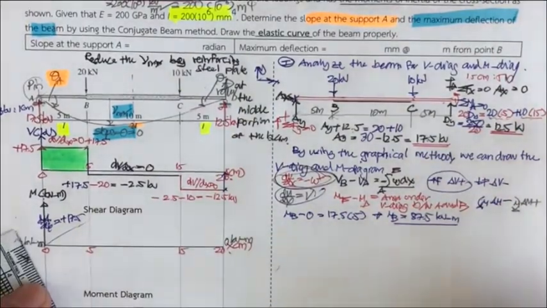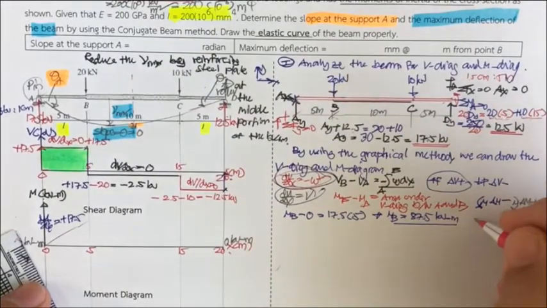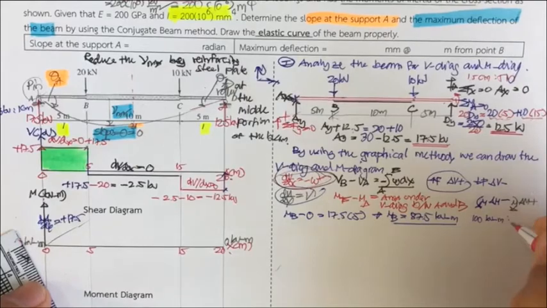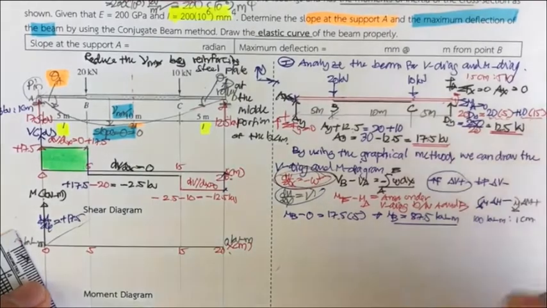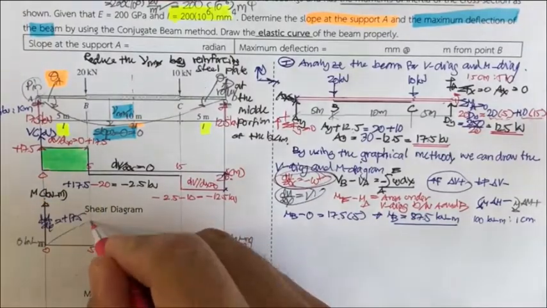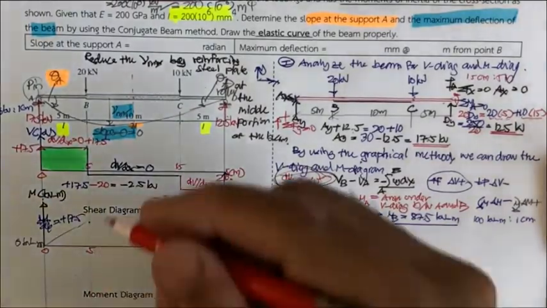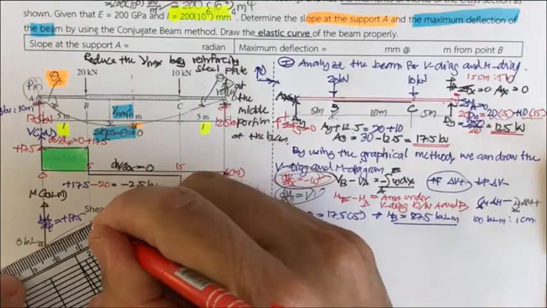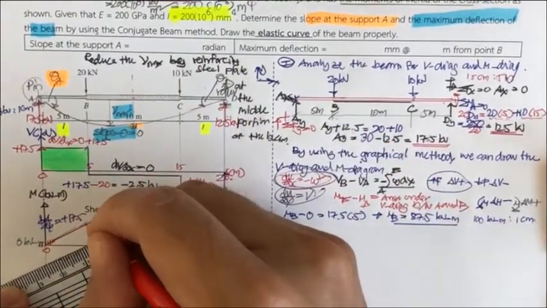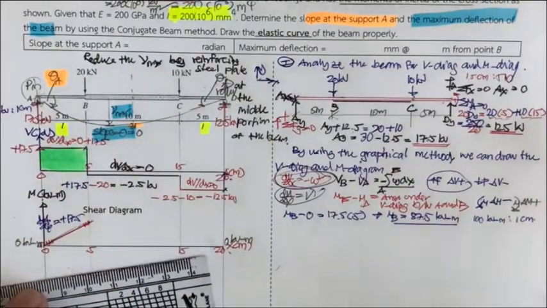Let's say we have 100 kilonewton meter per 1 centimeter. So that's very close to 9 millimeter. So we have this. Okay, and the first part of this is going to be this one, and you have the slope here of 17.5.